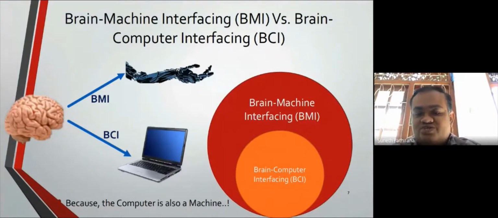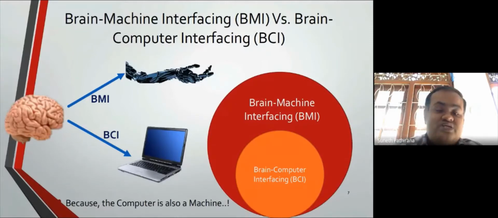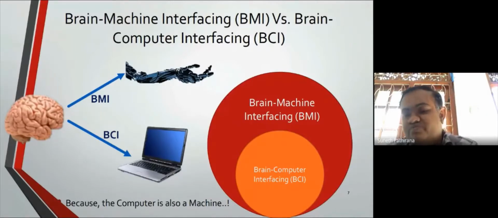You could just have the screen. With your mental commands, you can access the installed software, browse the internet, play games, listen to music, and do keyword searching. That is what we call brain-computer interfacing.